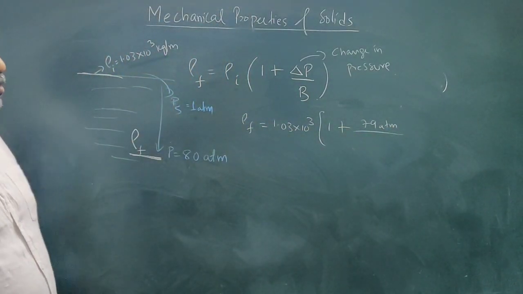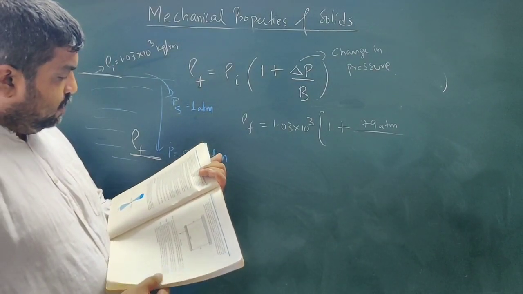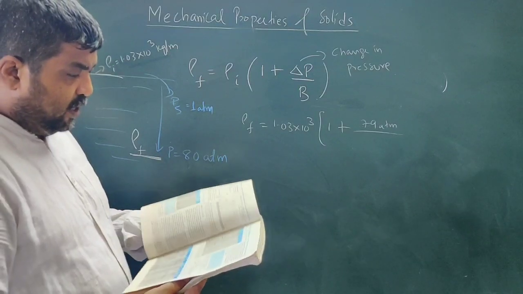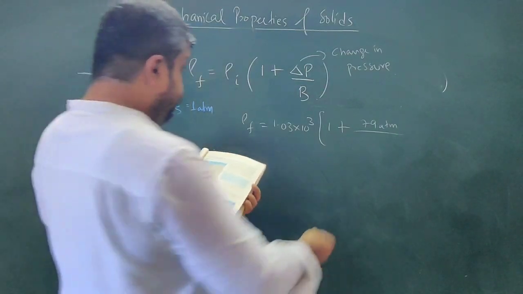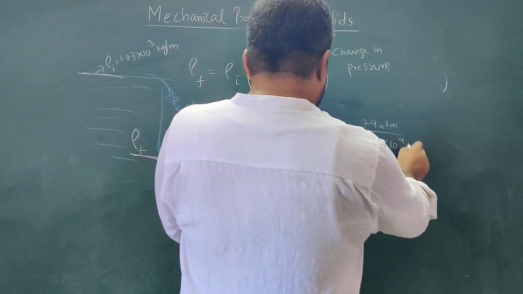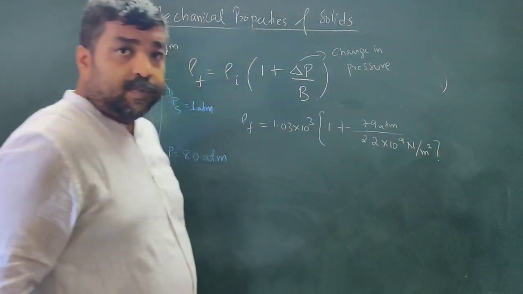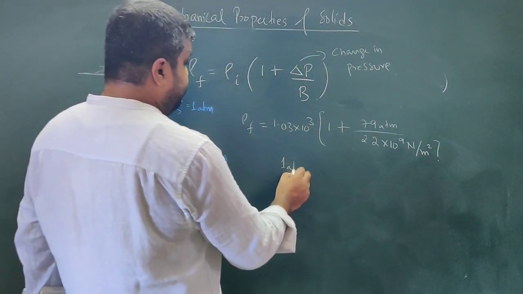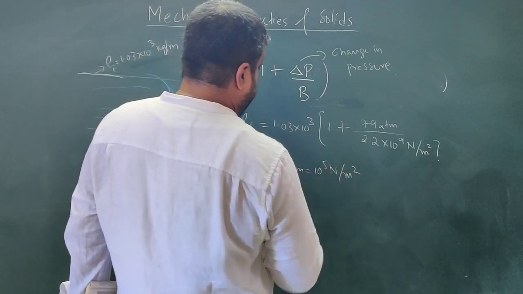If you convert it into Newton per meter square, the bulk modulus of water is 2.2 into 10 power 9 Newton per meter square. 1 atmosphere is 10 power 5 Newton per meter square.